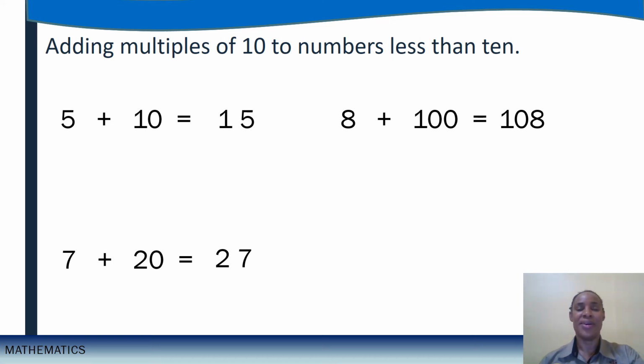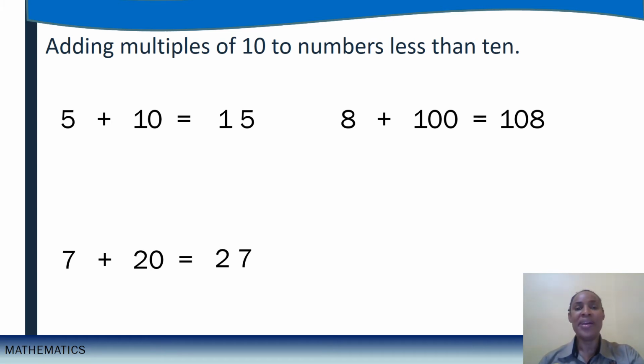Now, I want you to look at the answers and the numbers that were added and tell me if you notice a pattern when we add multiples of 10 to numbers less than 10. Are you ready to share? Let me hear you.